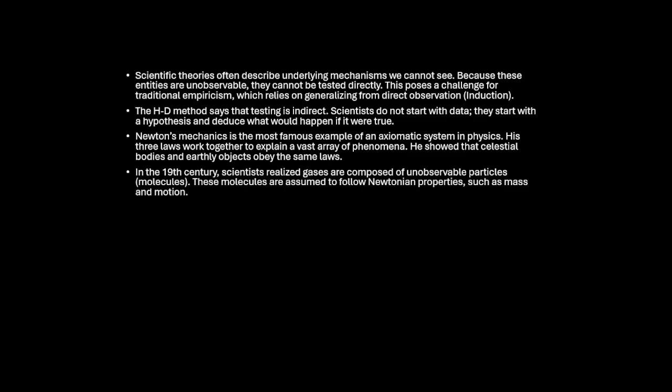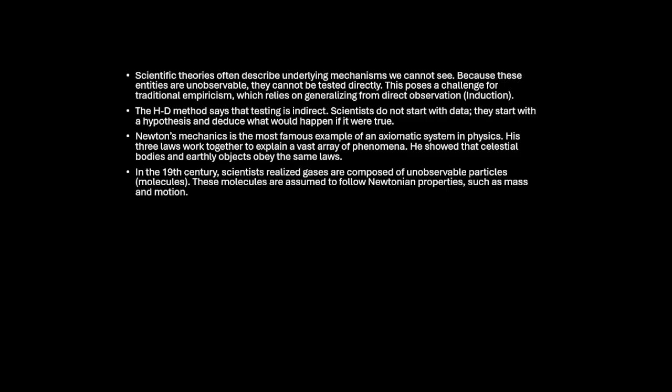We can use the kinetic theory of gases as another example. This is Rosenberg's example. As the 19th century progressed, chemists and physicists came to realize that gases are composed of a vast number of molecules. These molecules are unobservable, but they are assumed to have the same basic Newtonian properties as ordinary observable objects, such as mass and motion.